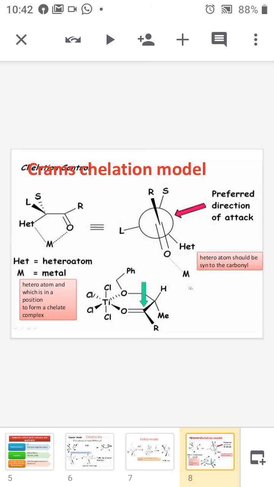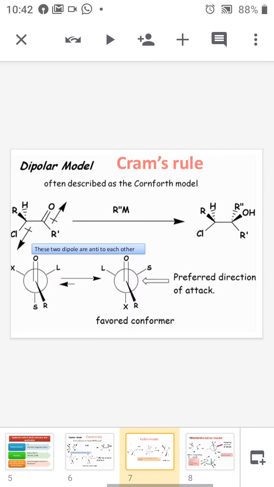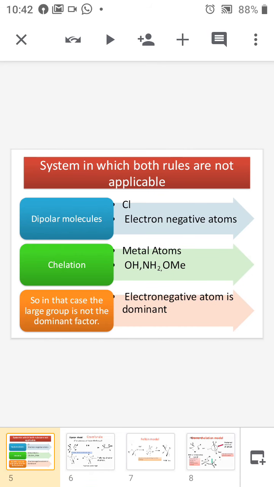Now we are coming to the next exceptional case, which is chelation. Some molecules create chelation with the carbonyl group, for example a metal atom or an OH group.